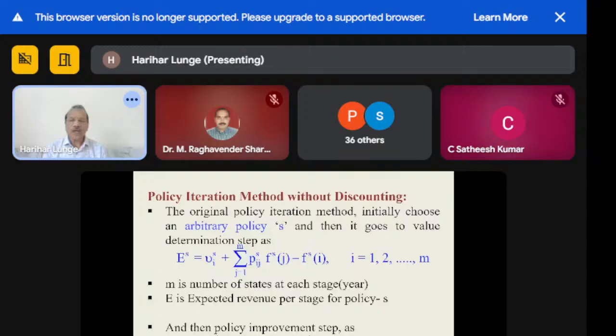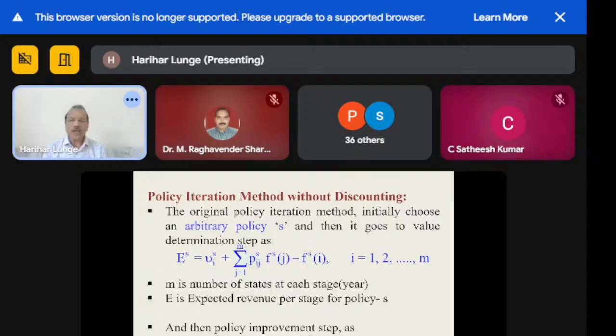So we propose this slight modification in the original method: instead of selecting arbitrarily, select the stationary policy by finding the maximum of V_i^K. In the second step, whatever stationary policy is selected, corresponding to this stationary policy S we will have P^S, the transition probability matrix for that policy, and R^S.